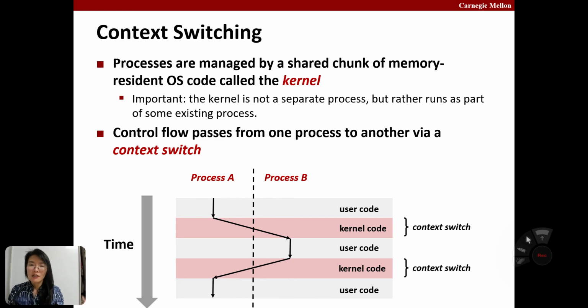Okay, so context switching processes are managed by the shared chunk of the memory-resident OS code called the kernel. We learned the exact definition of the kernel. The kernel was the core part of the operating system, and we already checked the location of the kernel on the top of the main memory, right?